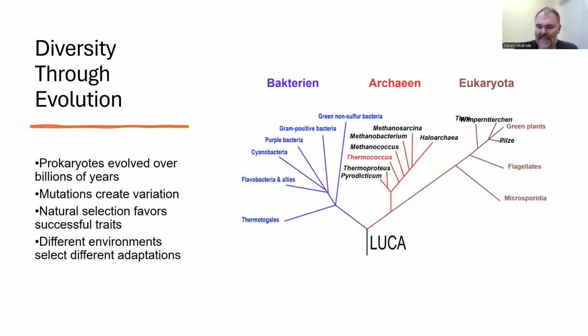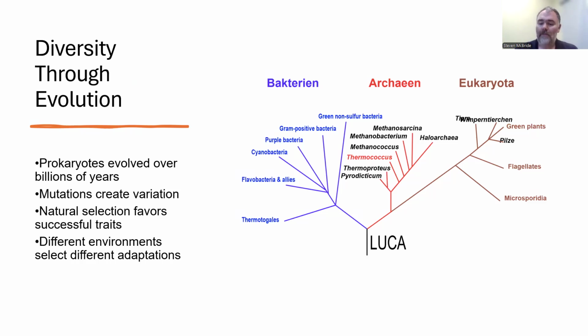Microbial diversity exists because microbes have been evolving for billions of years. Over time, mutations introduce genetic variation into populations. Most mutations do very little. Some are harmful, and a few provide advantages under certain environmental conditions. Natural selection then favors traits that improve survival and reproduction in a particular environment. Different environments create different selective pressures.